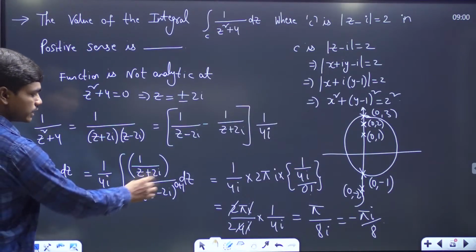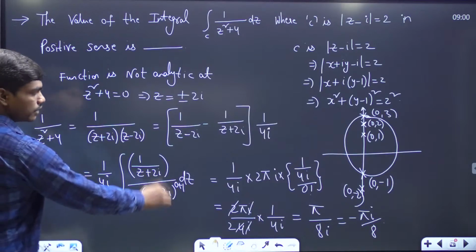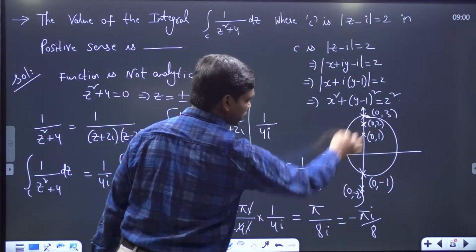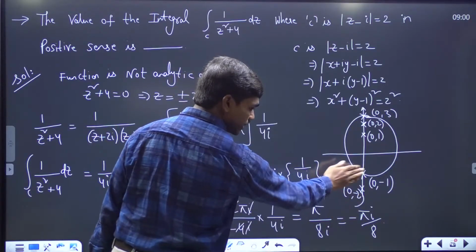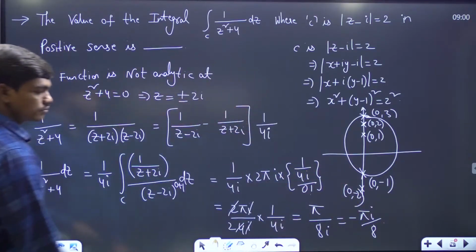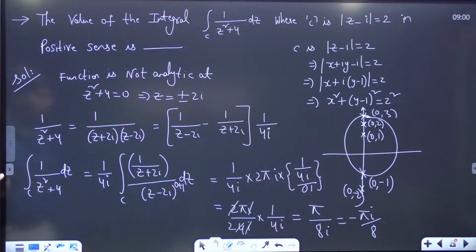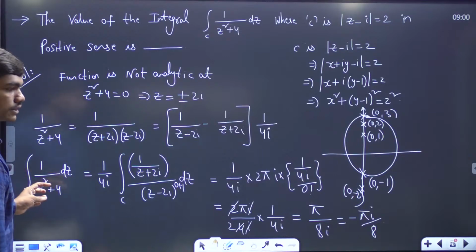Did you all understand, z is equal to plus 2i is the only point within this path C where the function is not analytic. This z is equal to minus 2i is lying out of the circle.